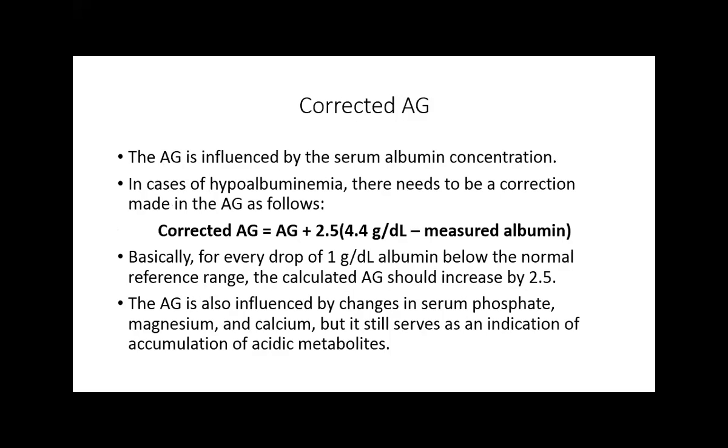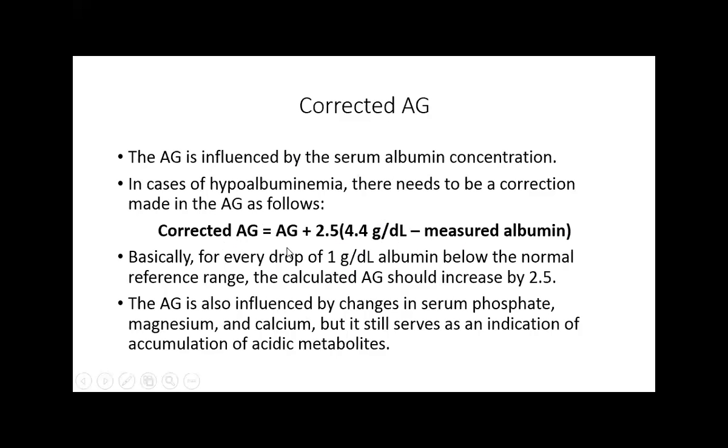Under a specific condition, we do have to correct the anion gap because serum albumin does have an impact. A situation where a person is hypoalbuminemic, for example with liver injury, so the production of albumin has decreased, is enough to skew these values, and so you'd have to apply a correction factor.